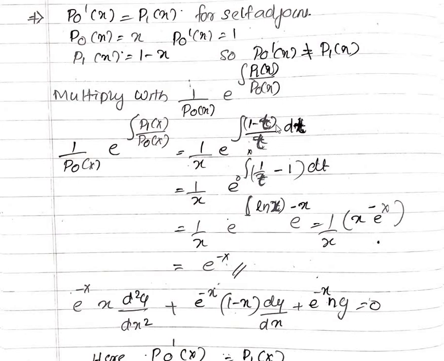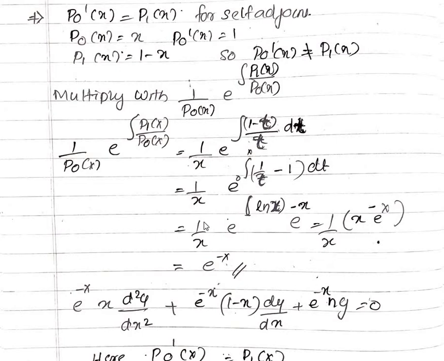When we split this term, you will get (1 by t minus 1) dt. So 1 by x e raised to the integral of these two terms: integral of 1 by t dt becomes ln of x, and minus dt integrated between 0 to x gives minus x.